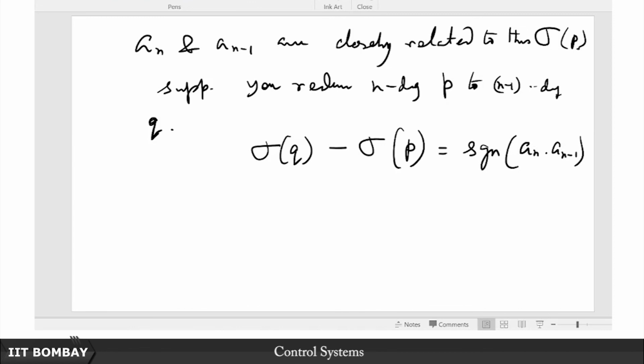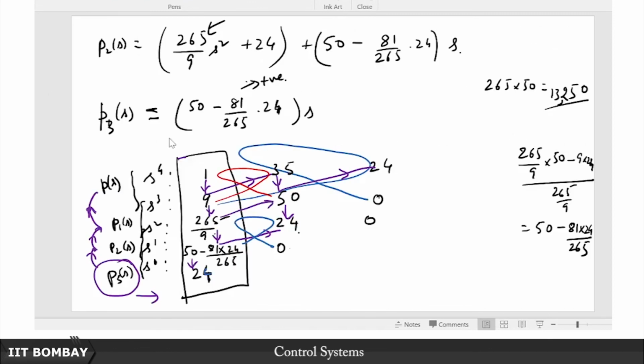If you now cast your attention back to the Routh array that we drew towards the beginning of this class, you see a_n and a_(n-1) are nothing but the highest degree coefficients of two successive polynomials. So p has the highest degree s to the power 4 coefficient 1, p1 has the highest degree s cubed coefficient 9, p2 has the highest degree s squared coefficient 265 by 9.